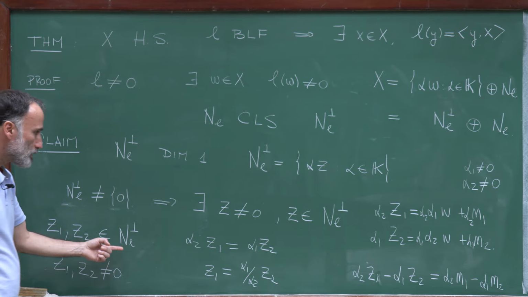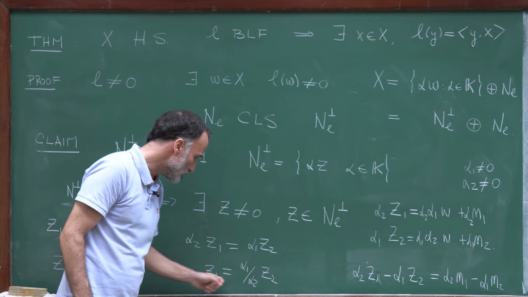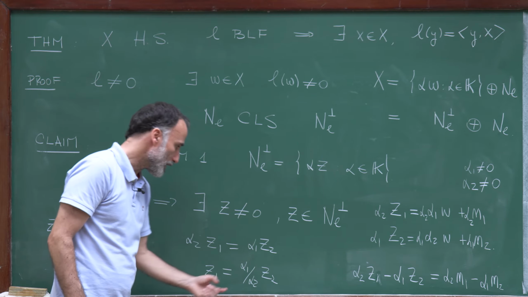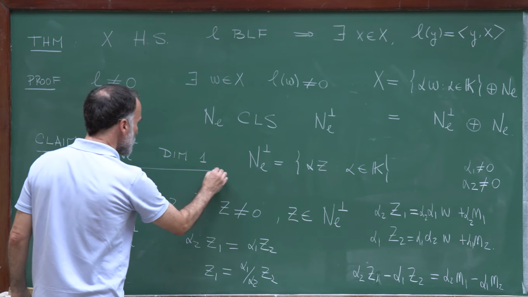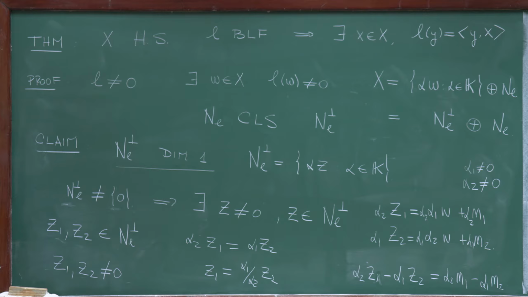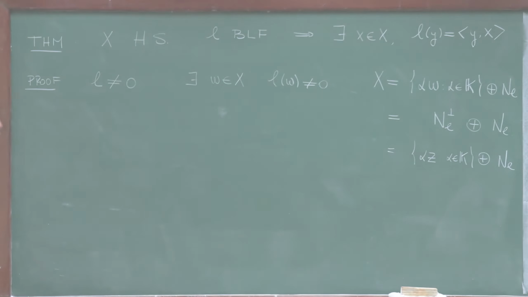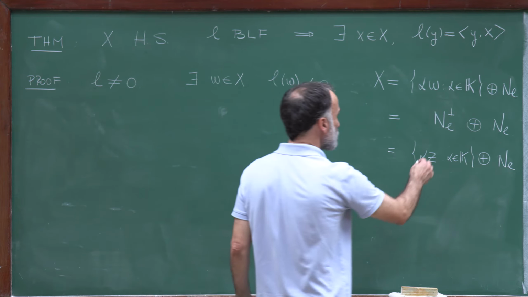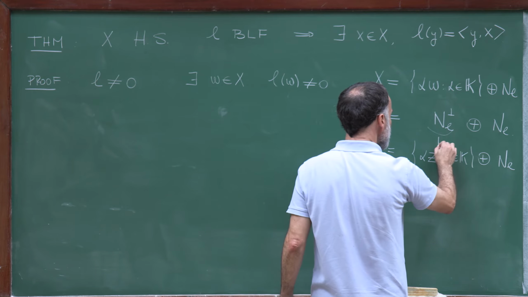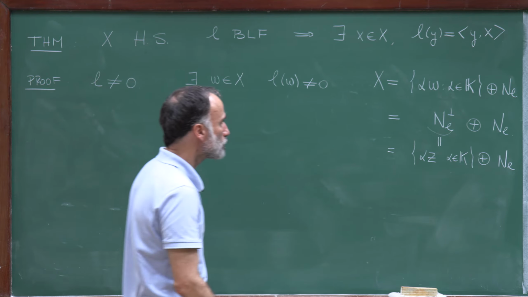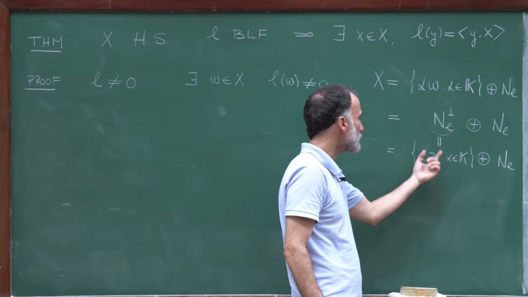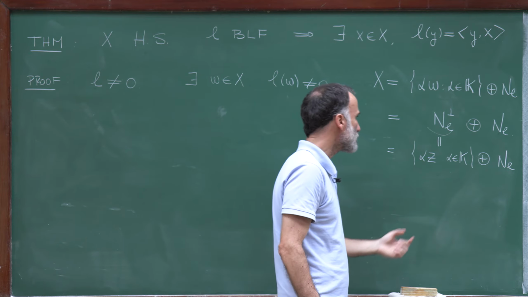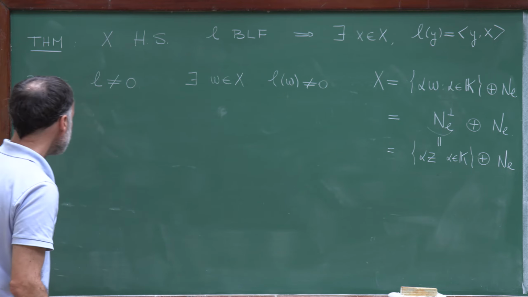Any two elements, one can be written as a scalar times the second, which proves that indeed this space has dimension 1 as I claimed. So I proved that this perpendicular space is exactly equal to, so there exists a Z in X different from 0, and that this space coincides with that space.